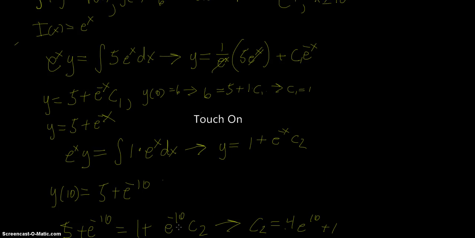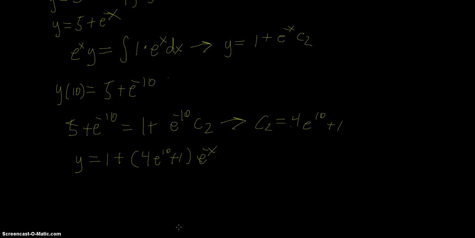Now just to put everything together, we'll say y equals the piecewise solution: 1 plus 4 times e to the 10 plus 1 times e to the negative x when x is greater than or equal to 10.